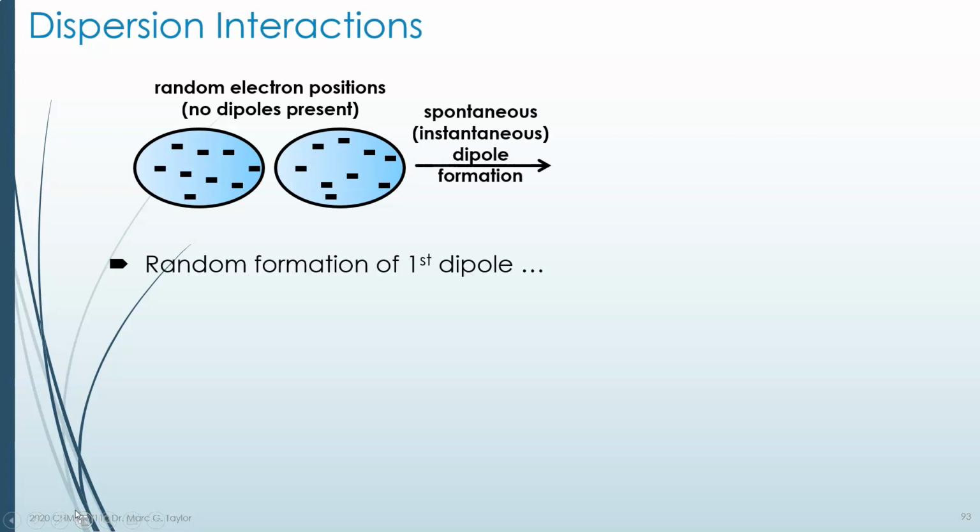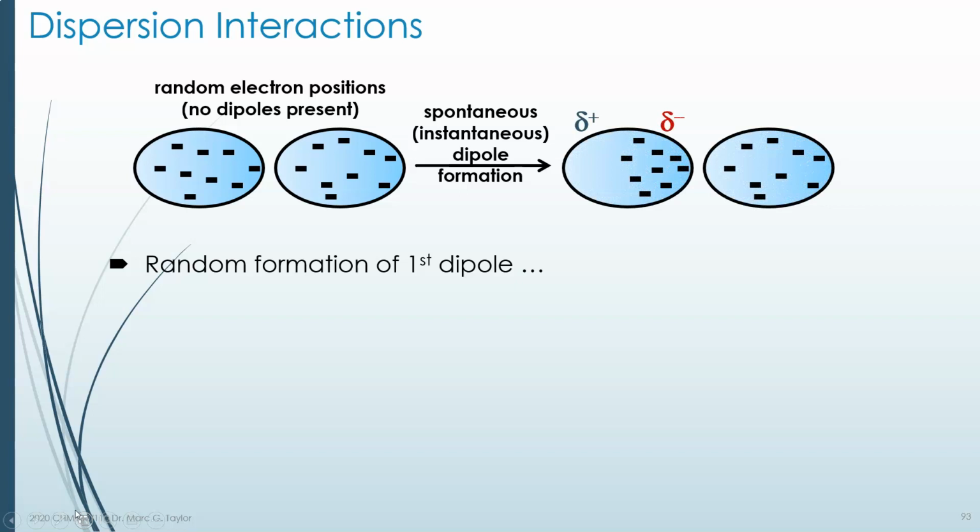And because they move randomly, every once in a while, one molecule may have more of its electrons on one side of the molecule than the other. So this is referred to as an instantaneous dipole or spontaneous dipole. You can think of it as a randomly formed dipole that just happens periodically with nonpolar and polar molecules.